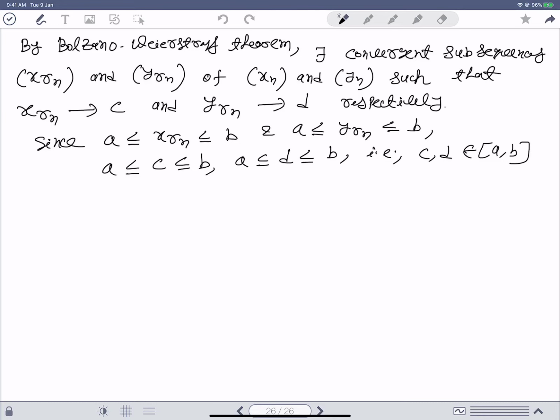Now since these limits c and d belong to the domain because of the closedness of the domain, we can use the definition of continuity.